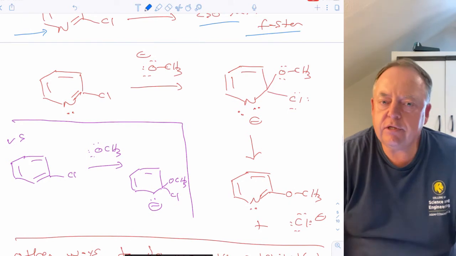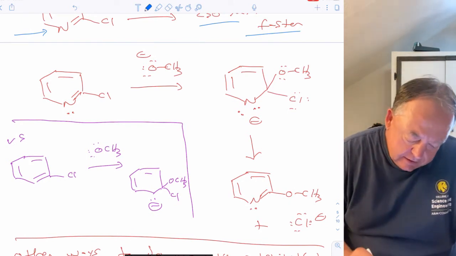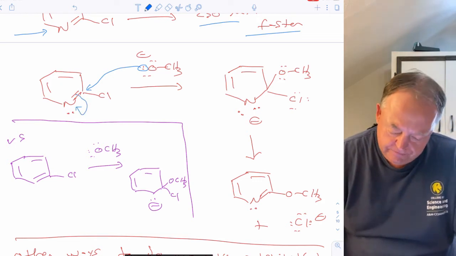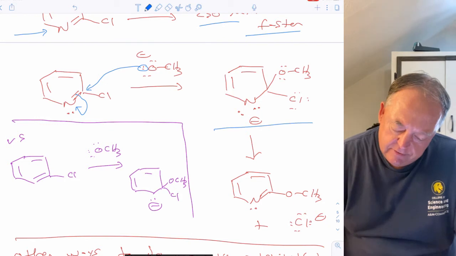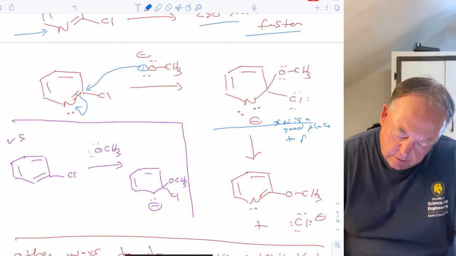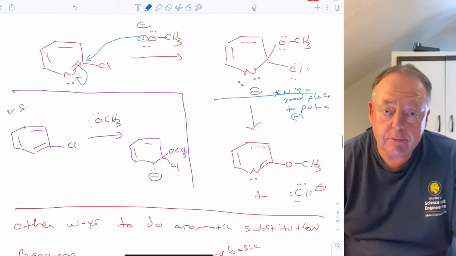So again, let's just look at the intermediate. So draw the mechanism. So take a lone pair here, make a bond there, and then these 2 electrons become a lone pair on nitrogen. So that's your intermediate, and so that's a good place to put a negative, right? So why is nitrogen a good place to put a negative?